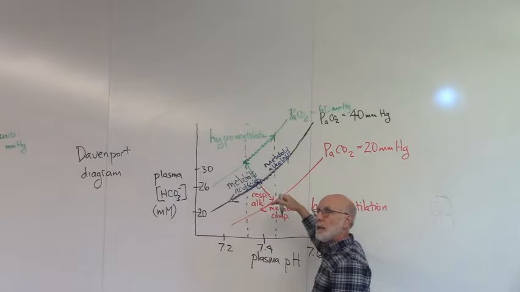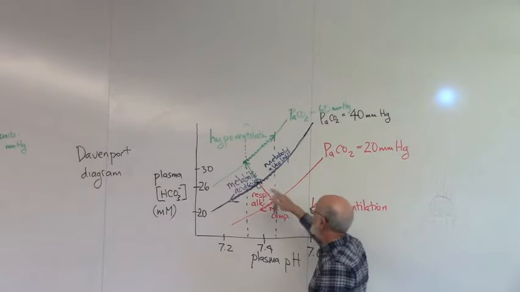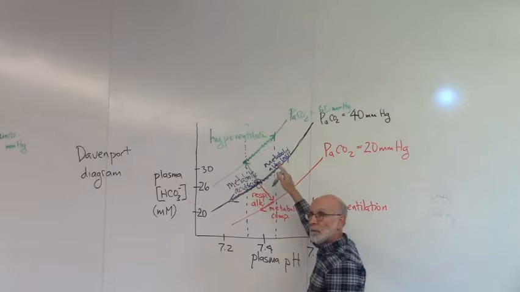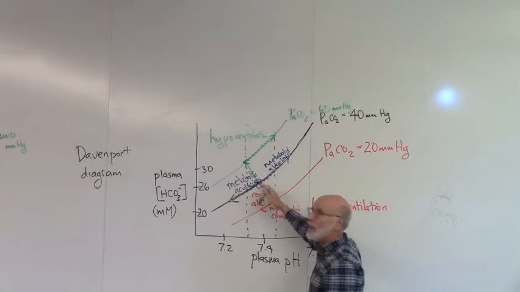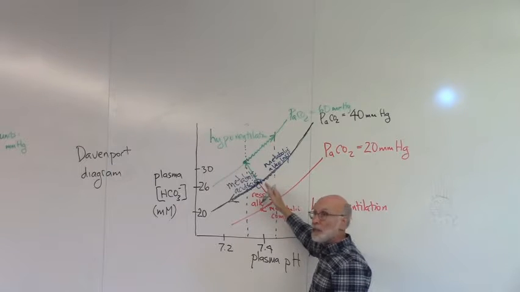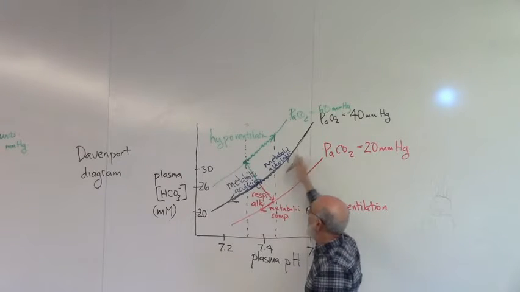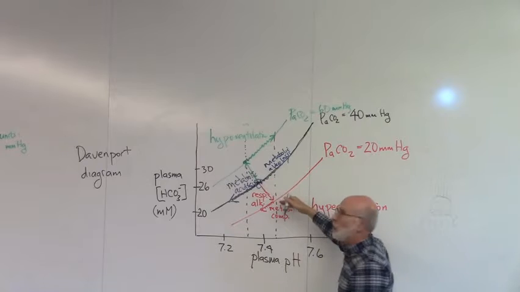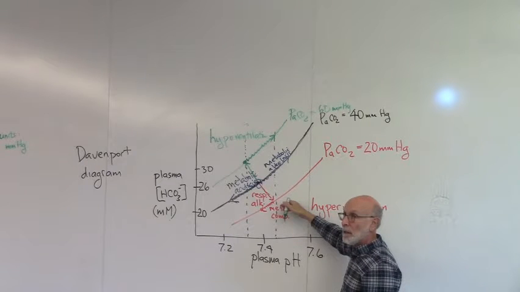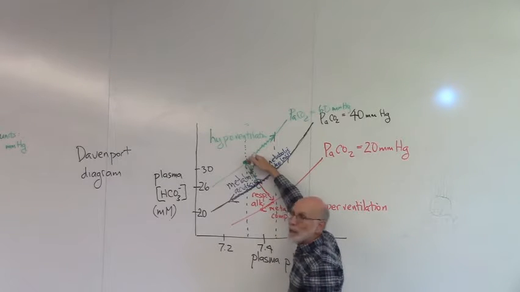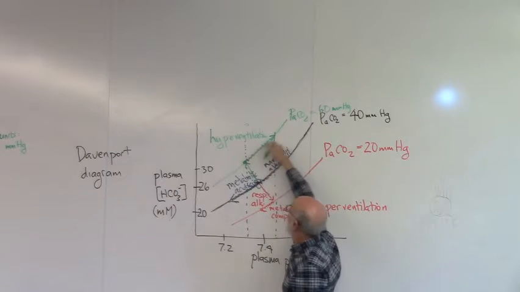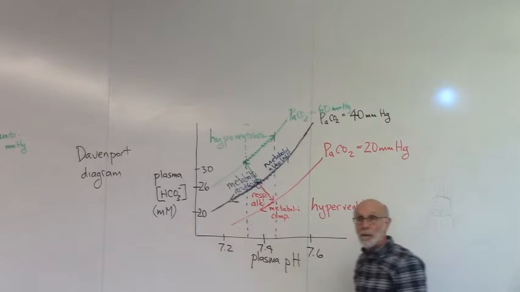If the body changes something while on normal ventilation, it's acidosis or alkalosis. If you have a respiratory defect, the body tries to compensate for it.